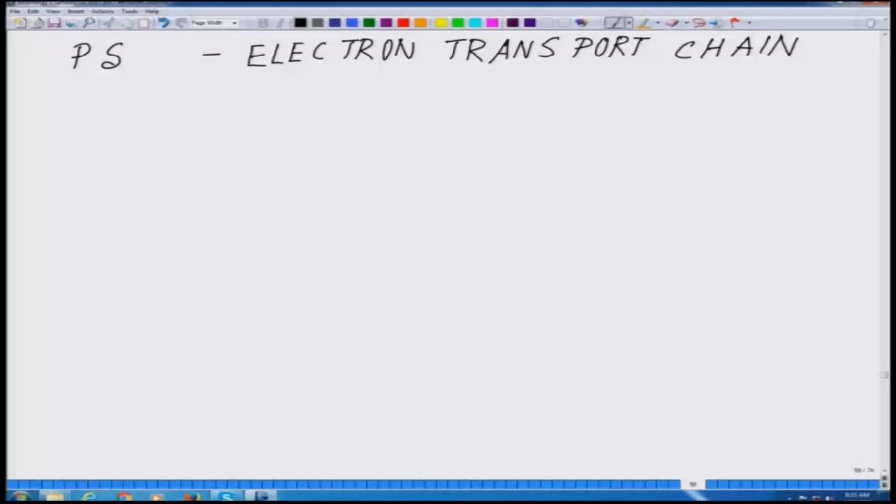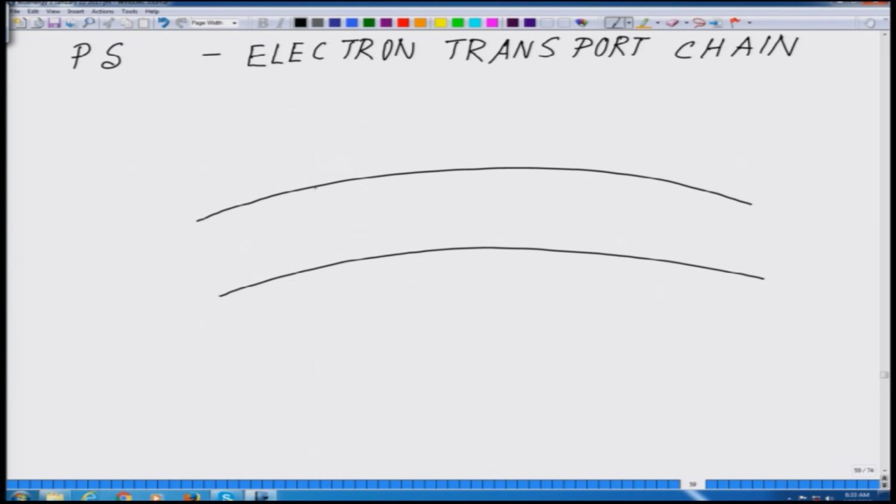We have already told, just to have a recap, that photosystem 1 and photosystem 2 are sitting at two different locations on the thylakoid membrane. So, if you look at the slide, it is something like this. If this is the thylakoid membrane, say for example, here you are having photosystem 2 and at a physically different location you have photosystem 1.